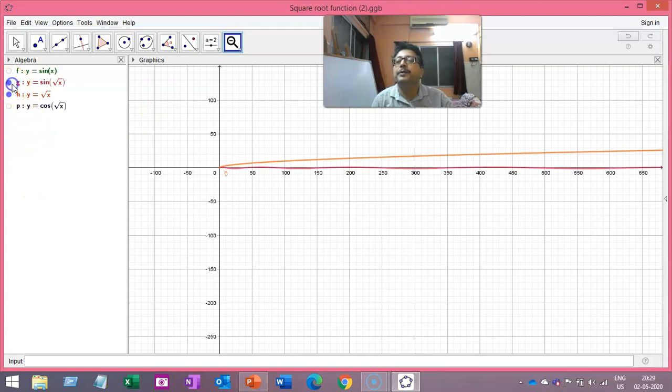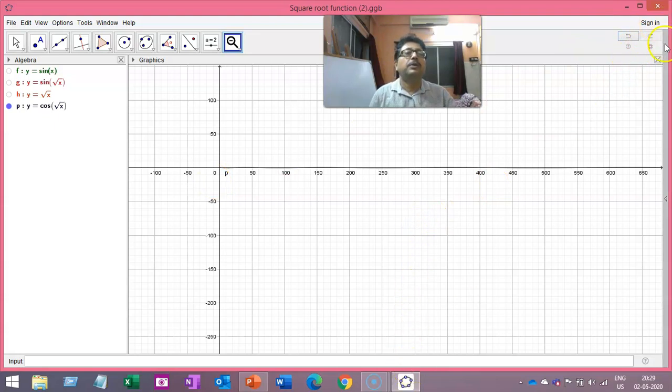Root x not periodic, sine root x not periodic, cos root x, if you see, this also, cos root x is very close here, close to 1, this is also not going to be periodic.